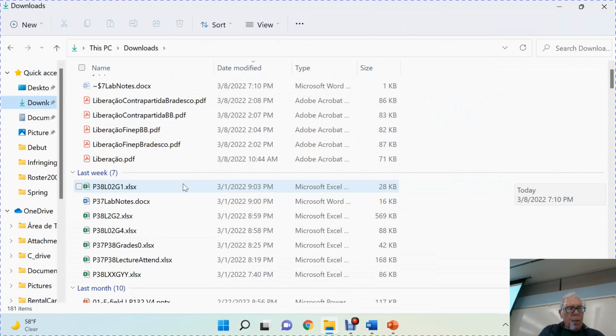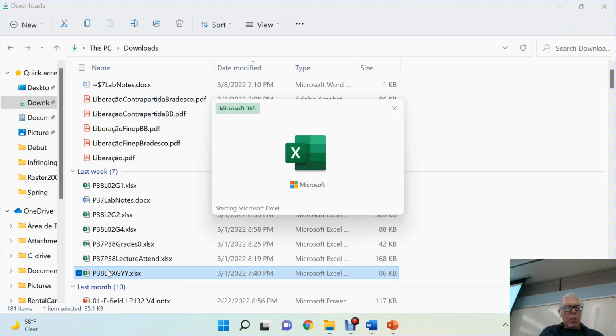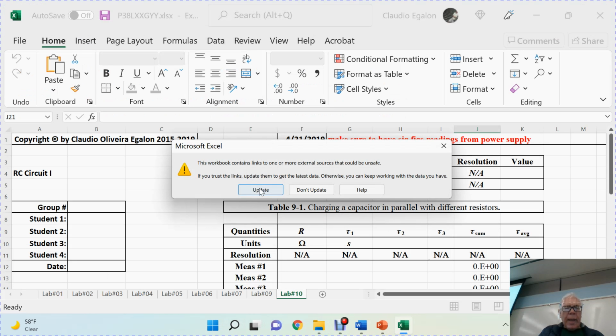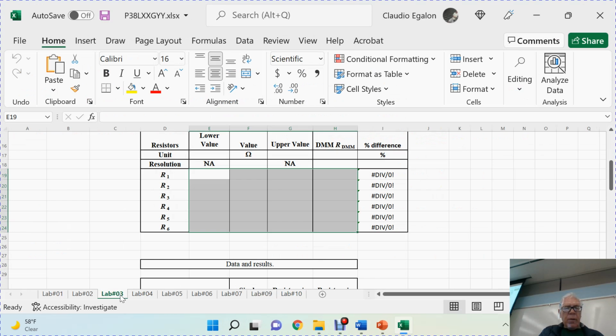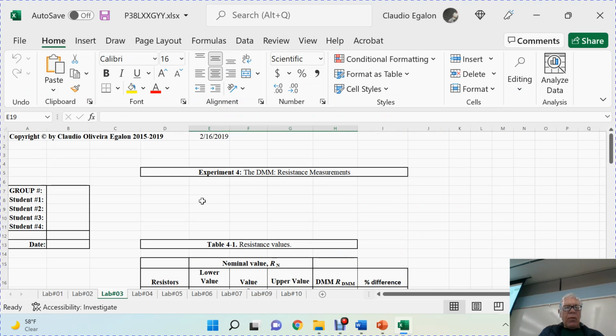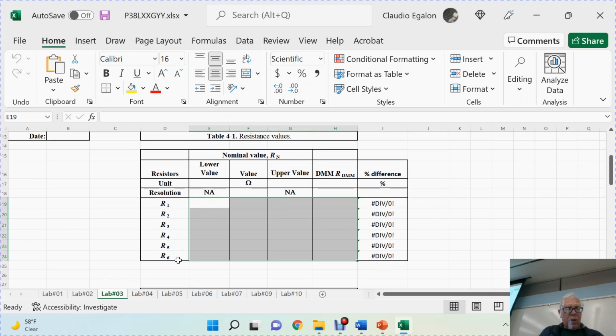Download P38. Here you go. That's the one I want. Update Lab 3. Lab 3, right in here. See, that's the first table. See resistors 1, 2, 3, 4, 5, 6. That's the first table that you have to worry about.